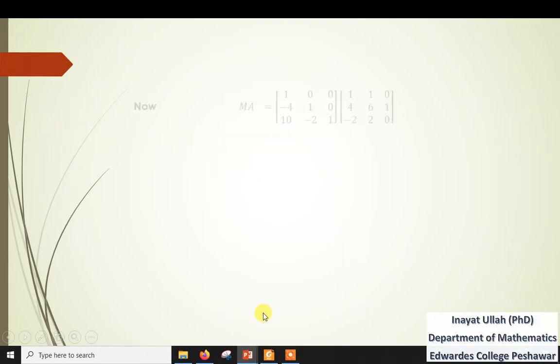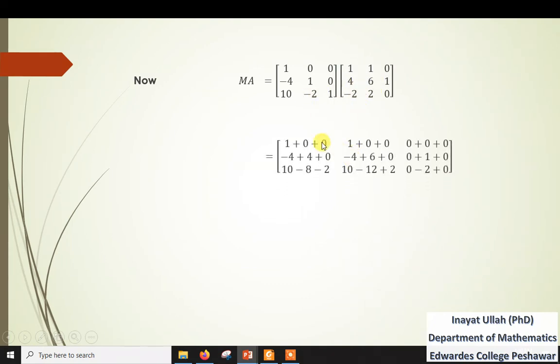So that is, multiply M with A, so that is M and that is A. Whenever you multiply these two matrices, we'll get this matrix, and finally we'll get this matrix, and you see that it is the same answer that we obtained in the first part of this question.